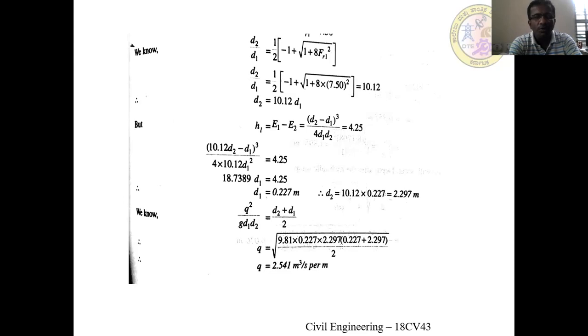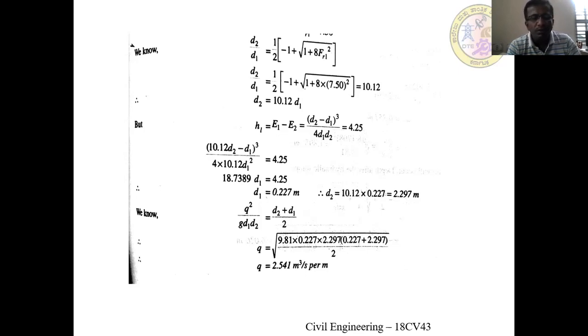We substitute D2 in terms of D1: (10.12 D1 minus D1) whole cube divided by 4 into 10.12 D1 square equals 4.25. With further simplification we get the value of D1 as 0.227. So D2 equals 10.12 D1; substituting D1 as 0.227, we get D2 as 2.297.